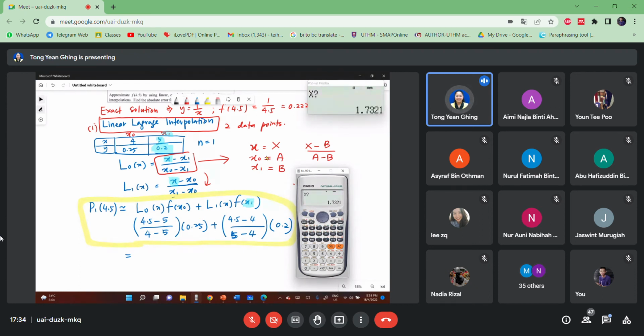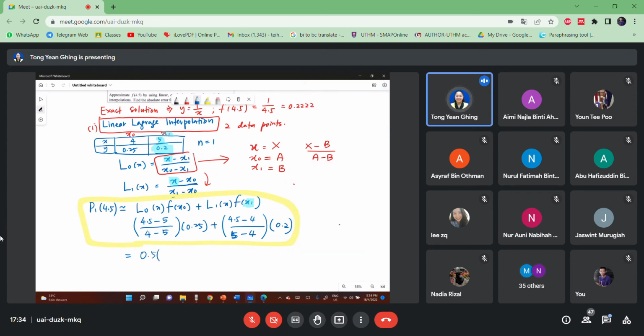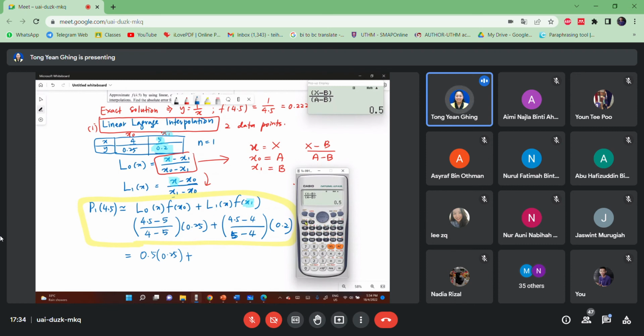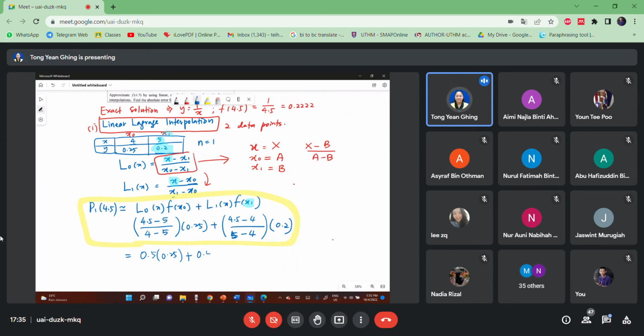Now our x is 4.5, x1 is 5, and x0 is 4. So you get 0.5 times 0.25. For the other term, B is now swapped with A, but I am lazy, so I just reverse it: 4 and 5. So you also get 0.5, times 0.2.